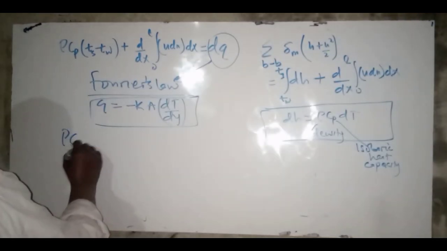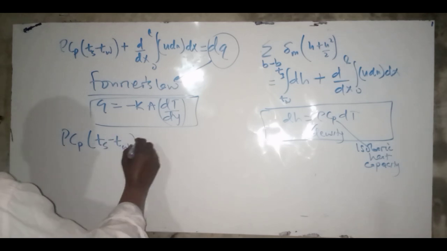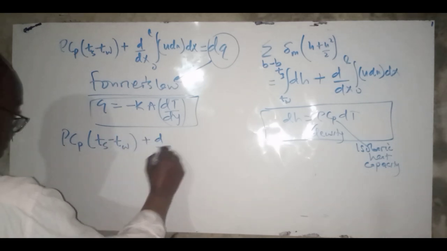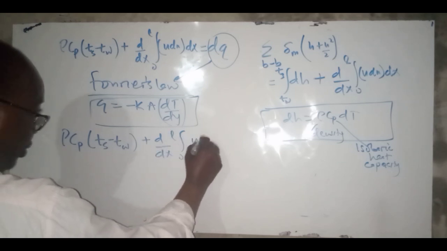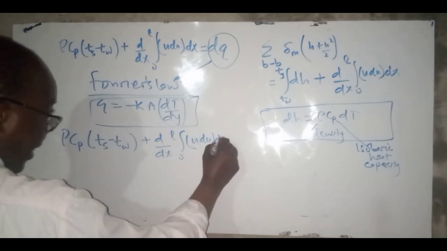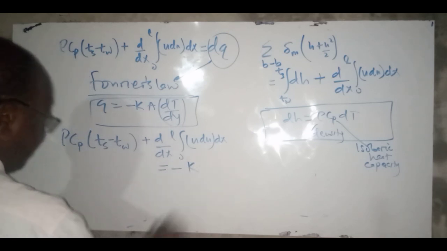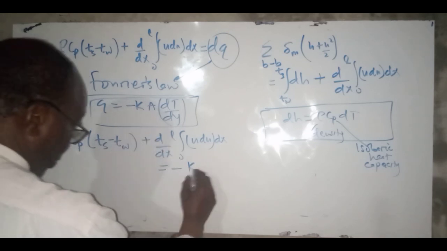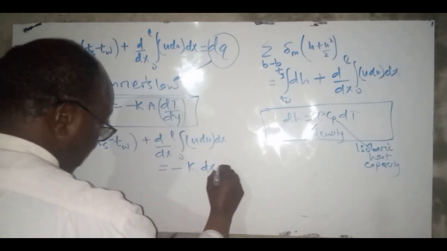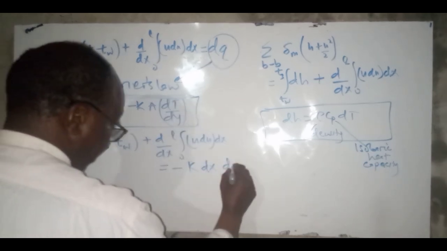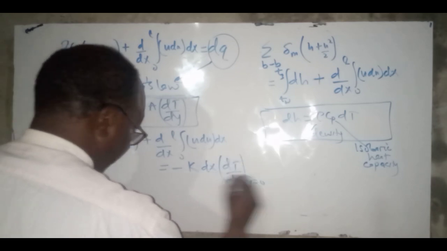So we have rho Cp Ts minus Tw plus d/dx of the integral of L u du dx is equal to minus K, area now we said is dx, and of course the temperature gradient dT/dy at y equals 0.